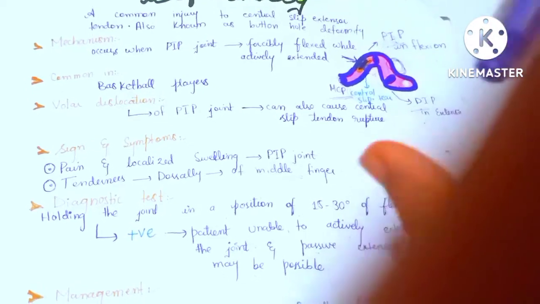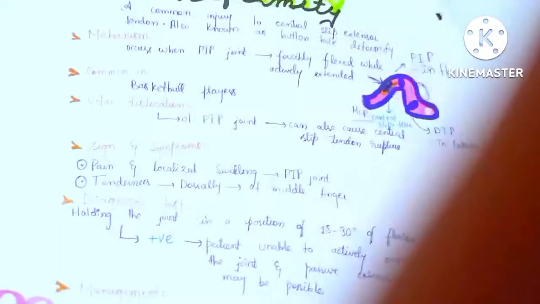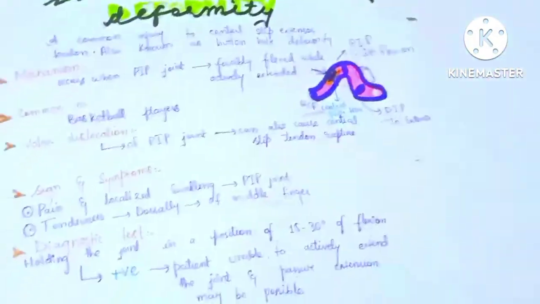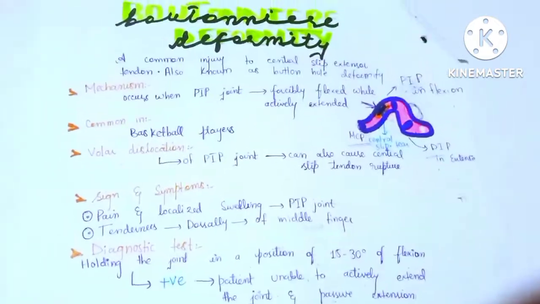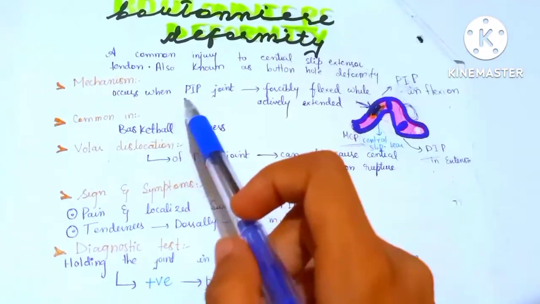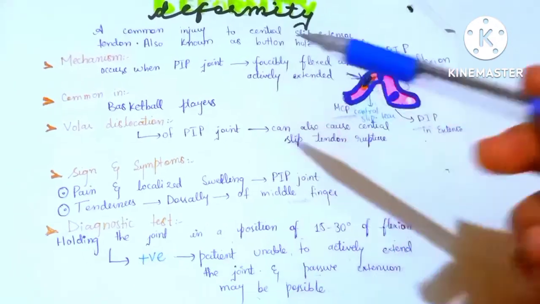Now start from the basic mechanism. What is the basic mechanism of the injury involved in this condition? The mechanism is the PIP joint being forcefully flexed while actively extended.